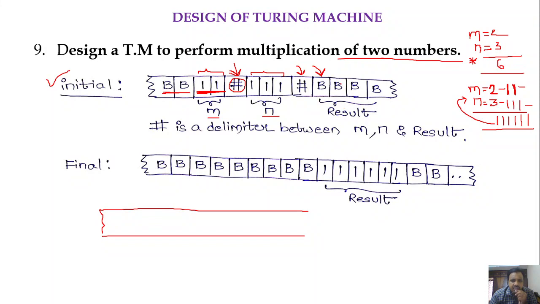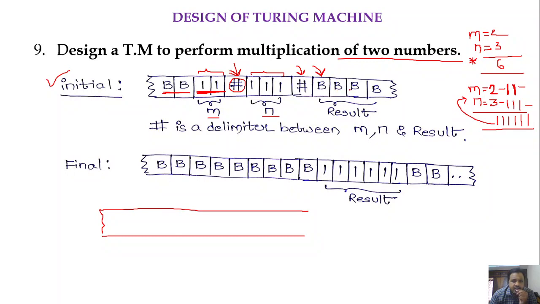I have partitioned the input tape in such a way that each portion stores some sort of input. Some of the cells are used for storing the input value m, some of the cells are used for storing the input value n, and some of the cells are reserved for storing the result.